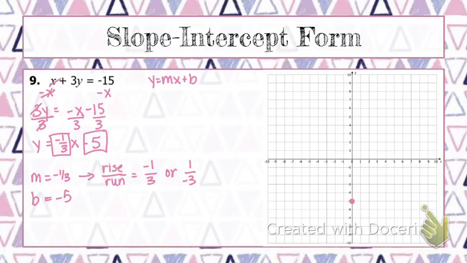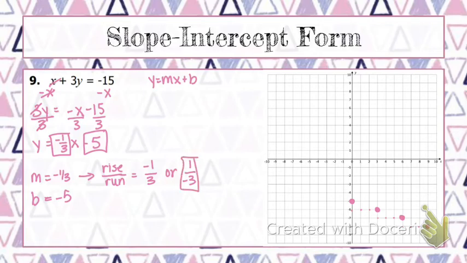And then we're going to rise negative 1, that means go down 1, and run positive 3, so that means towards the right. And we're going to put our dot there. So rise negative 1, run 3. And once you get a couple of dots going, it's kind of easy to just fill in the pattern. So down 1, right 3. All right, we've gone as far as we can to the right.